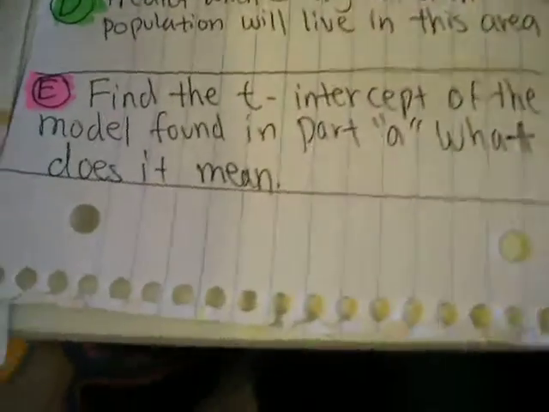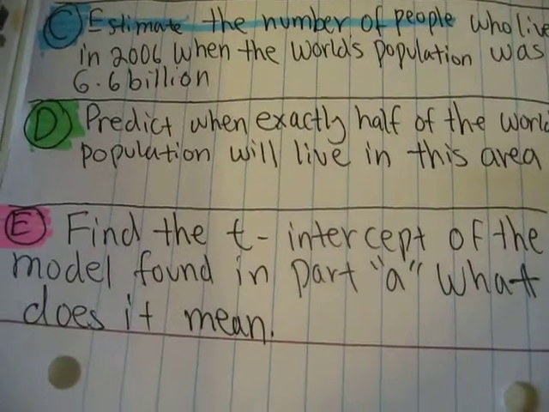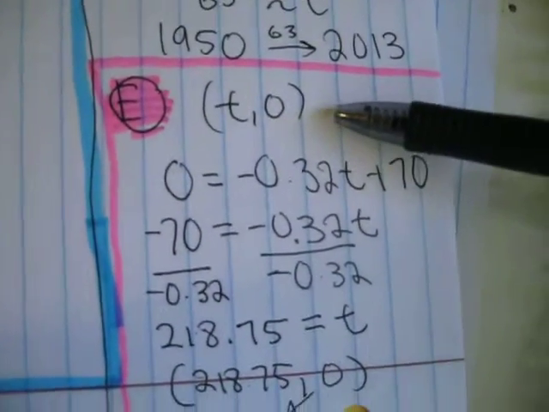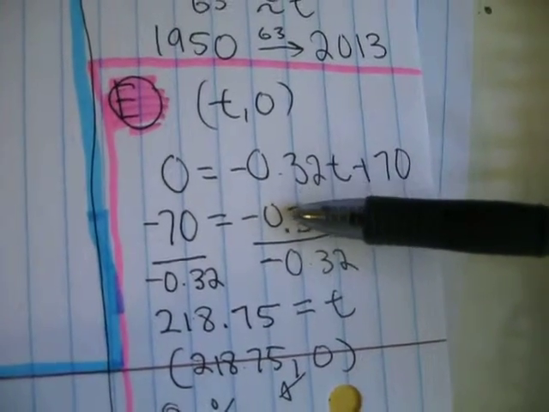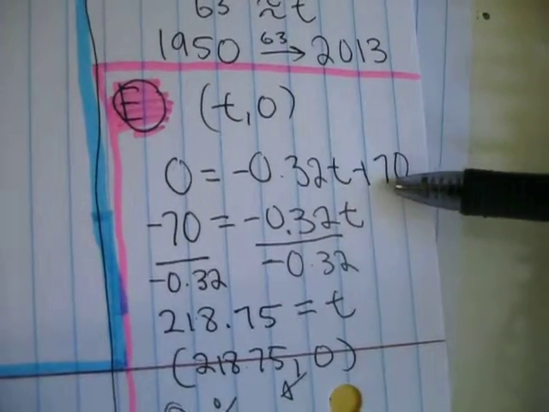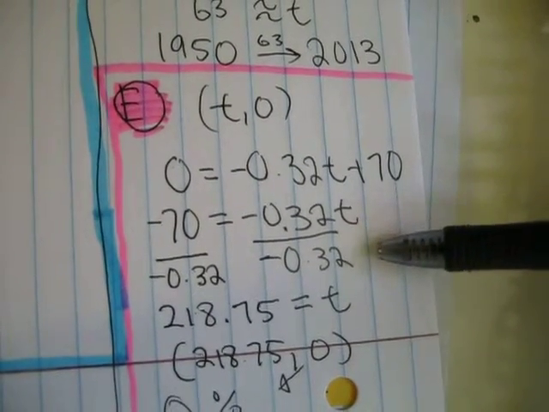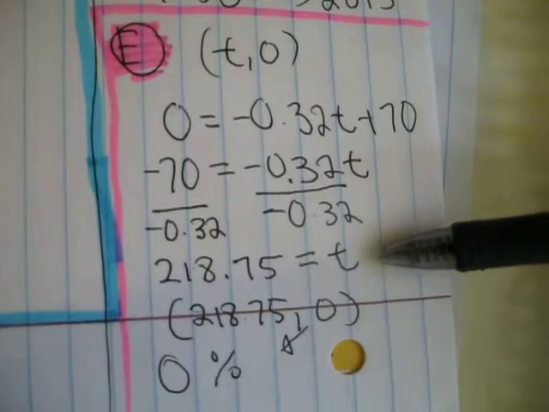Our last question is, find the t-intercept of the model found in part A. What does it mean? So the t-intercept will look like this. So we plug it in: 0 equals negative 0.32t plus 70, and we divide both sides by negative 0.32, which will give us t equals 218.75.